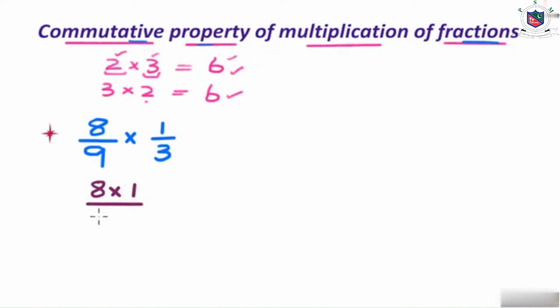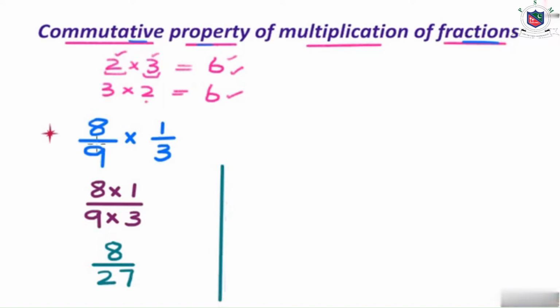As you know, whenever we multiply fractions, the numerator is multiplied with the numerator and the denominator is multiplied by the denominator. So 8 times 1 is 8 and 9 times 3 is 27.